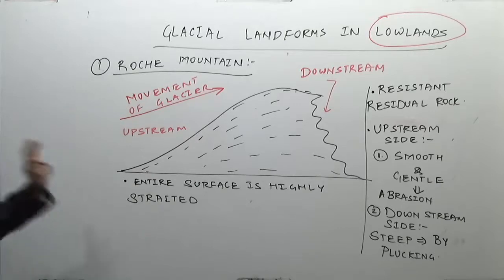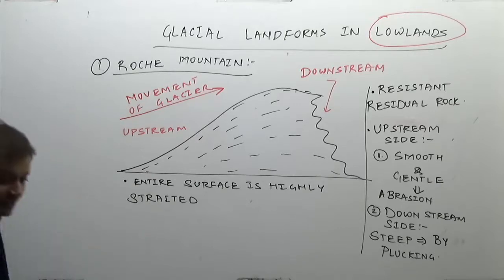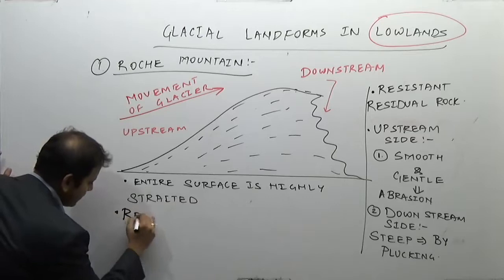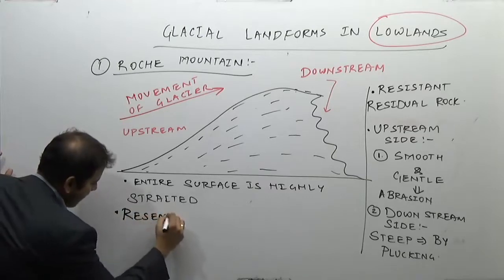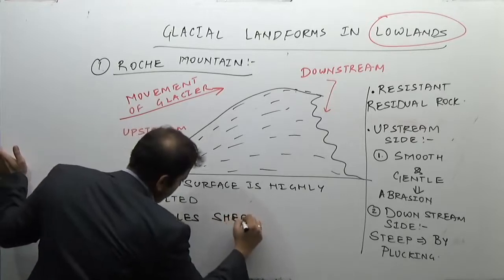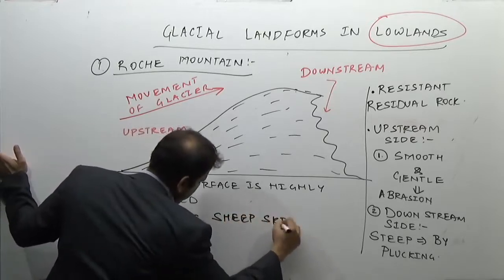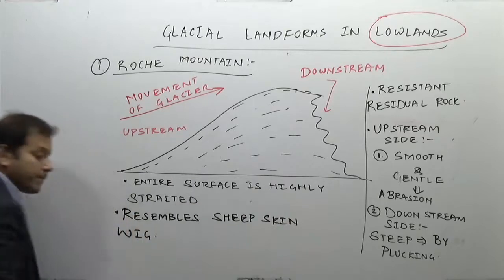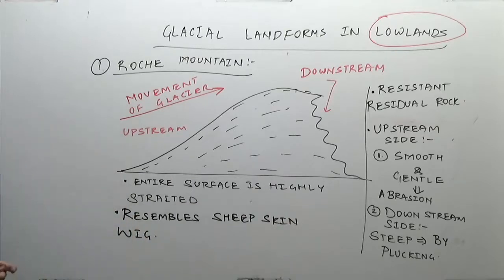It is a resistant residual rock which resembles a sheepskin wig.